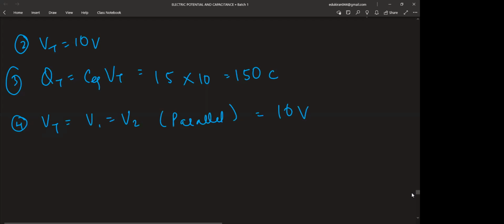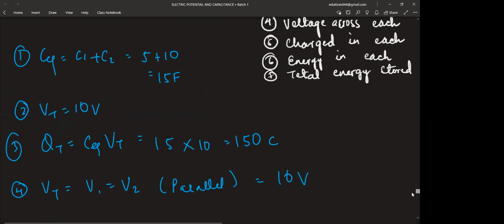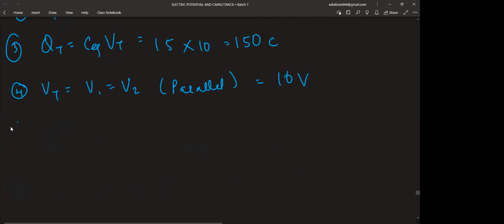Simple parts are given. Fifth says charge in each. Now charge won't be the same. Charge would be different. Q1 will be equal to C1 into V. How much is the capacitance given? 5, into 10.